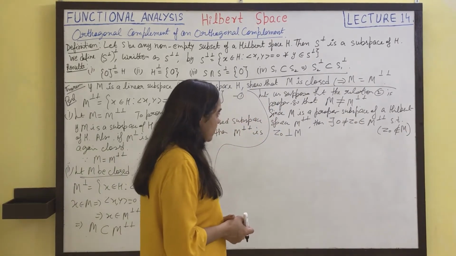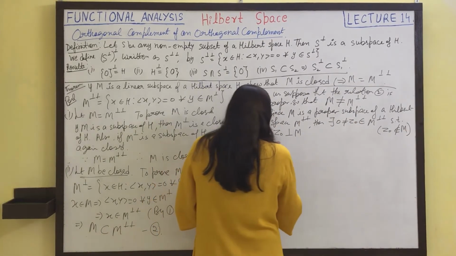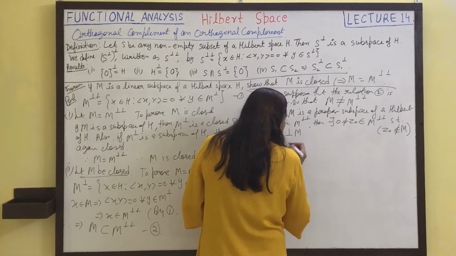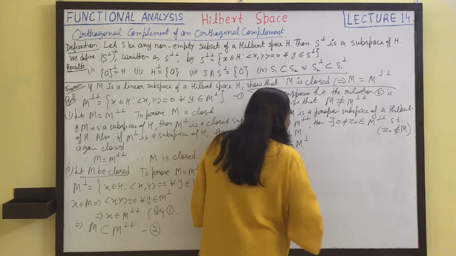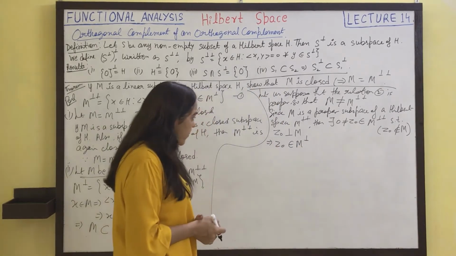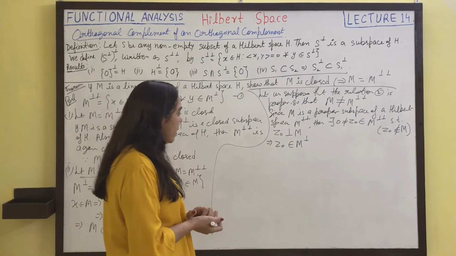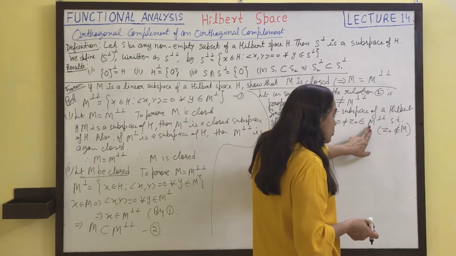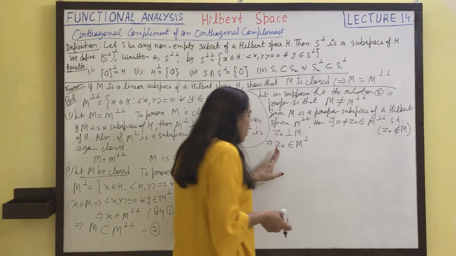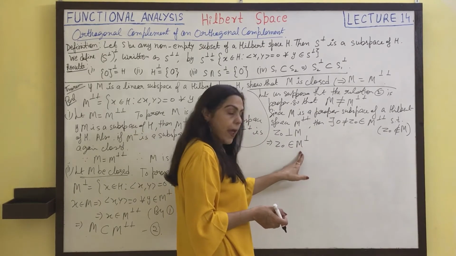Now, if Z0 is perpendicular to M, then this implies Z0 belongs to M perp, and here we have assumed that Z0 belongs to M perp perp and also Z0 belongs to M perp.